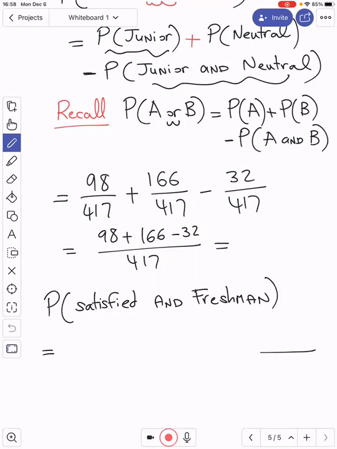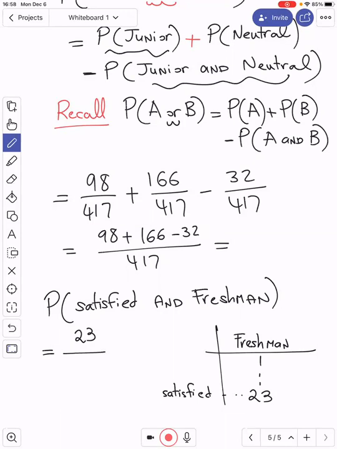So if you take a look at your table, you see there's a freshman, and then here you have satisfied, right? And so the number of students satisfied and freshmen at the same time is actually 23. So it's 23 over, of course, the size of the sample, which is 417.